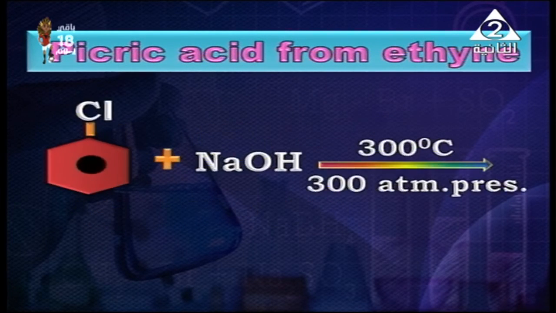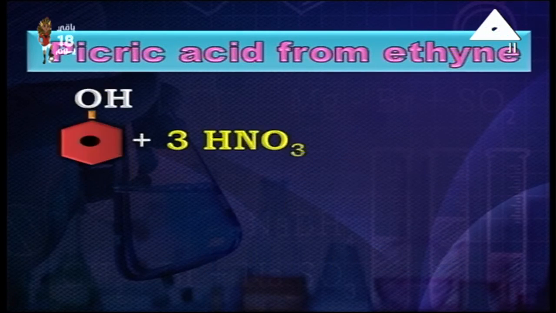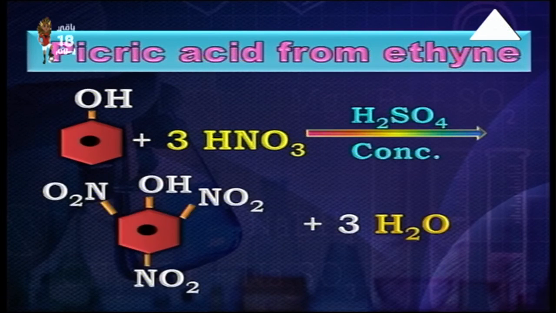Then chlorobenzene, when reacted with sodium hydroxide at 300 degrees Celsius and 300 atmospheric pressure, gives phenol and releases 1 mole of NaCl. Then phenol on nitration with conc nitric acid in the presence of conc sulfuric acid gives 2,4,6-trinitrophenol and releases 3 molecules of water.